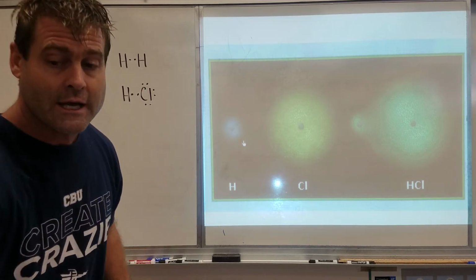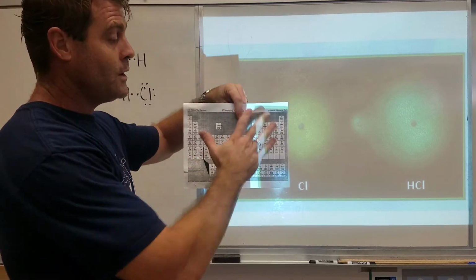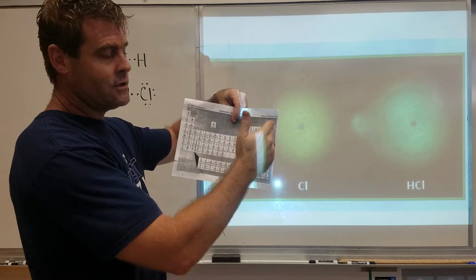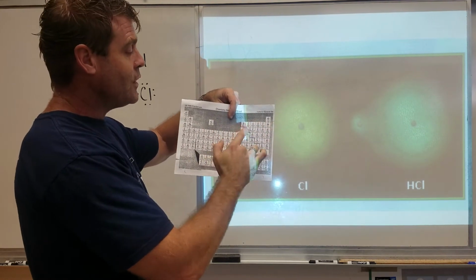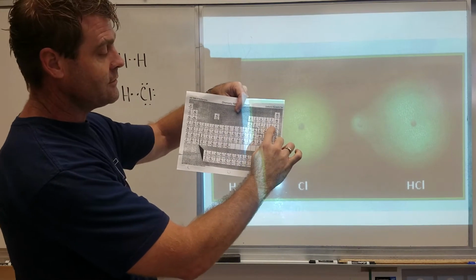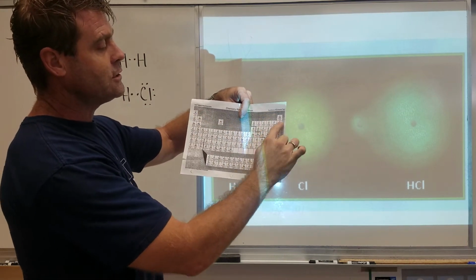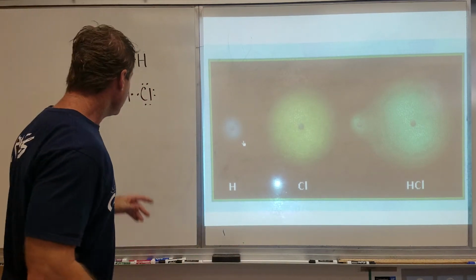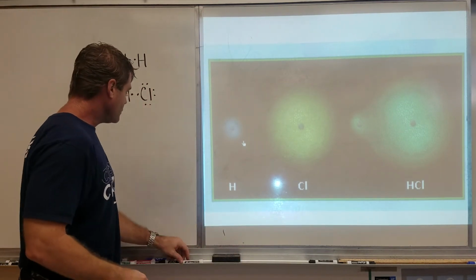Where are the most electronegative atoms? Where in the periodic table? It's the top right, with the exception of the noble gases. So I look on my periodic table and I see chlorine is over here, hydrogen's over here, and chlorine's closer to the top right. Therefore, I would predict it has a higher electronegativity. So these electrons are going to spend more time around chlorine.